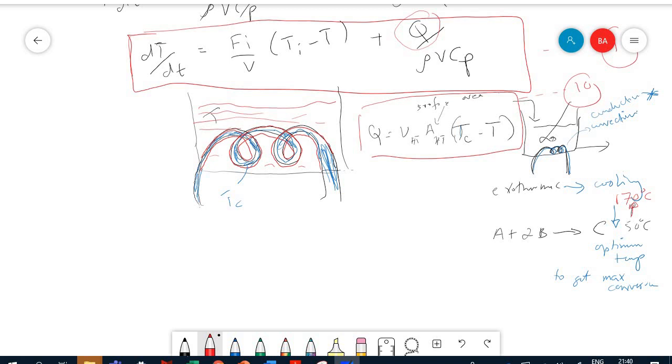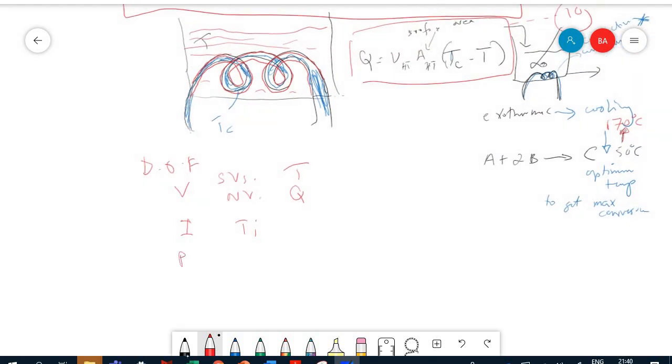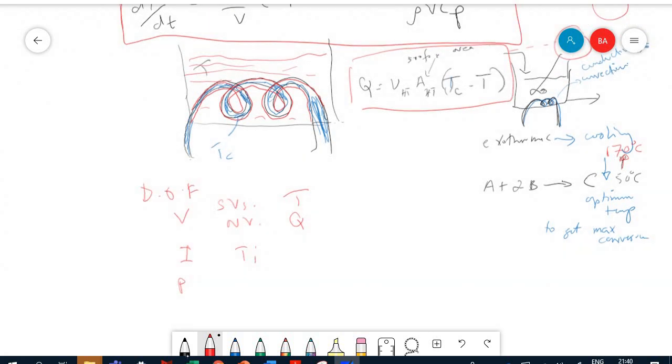Okay, great. So what do we have here? If we're just considering the degrees of freedom, in addition to what we had before, the state variables will now include T, the temperature, and in addition you're going to have Q, the heat term, coming in for the V. For the inputs, you have Ti in addition, and for the parameters, you have many parameters here.